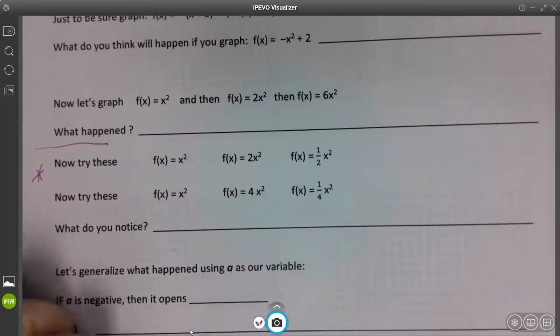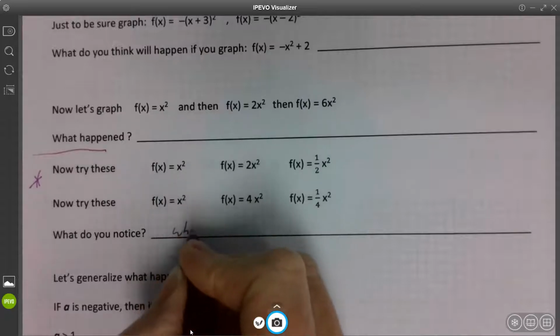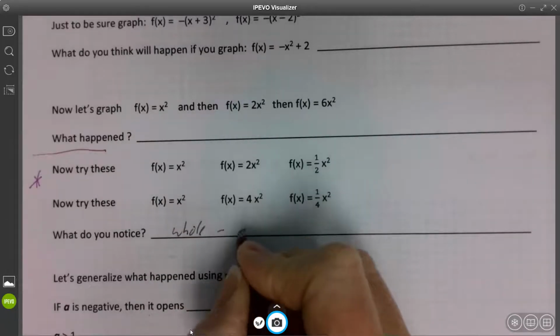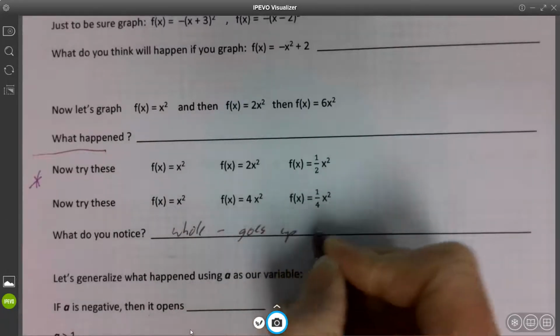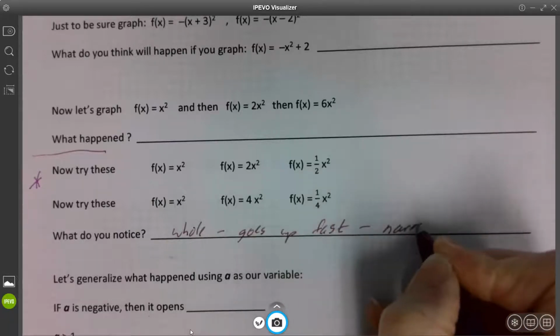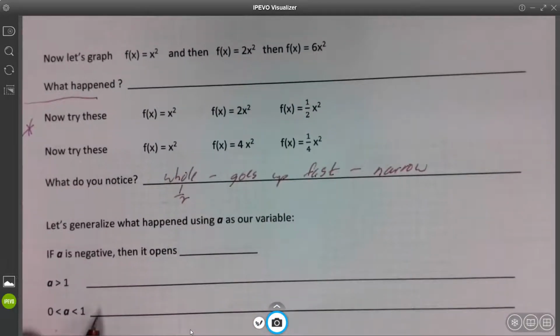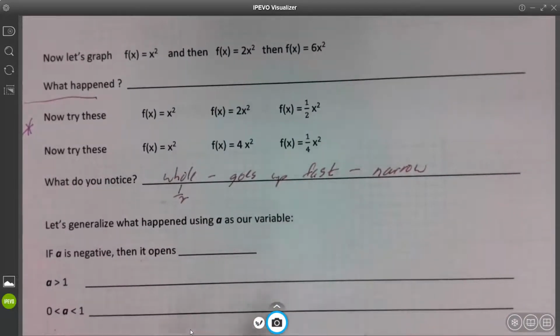So now let's make our connections. What did we see happen? We noticed that with the whole number, it goes up fast. And the way we're going to think about that too is this one is narrow. Okay? With the fraction, oh, hey, wait, look right down here. Let's just skip down here. If A is negative, it opens down.